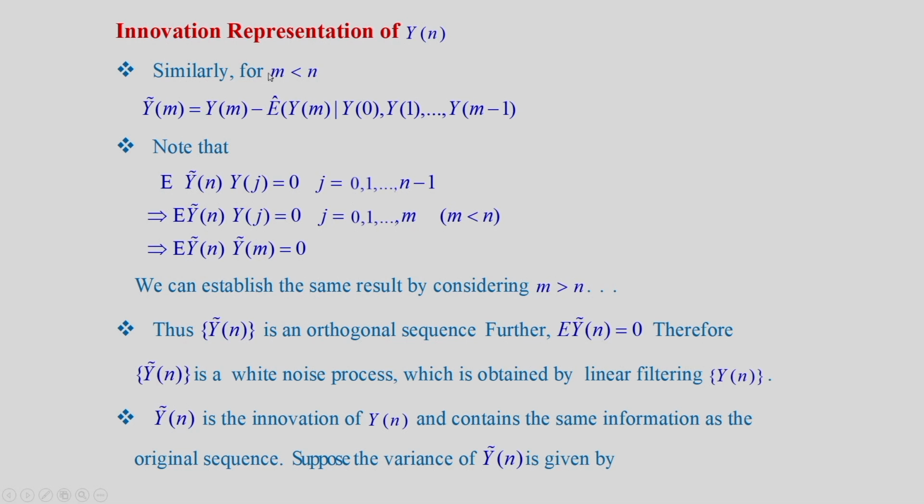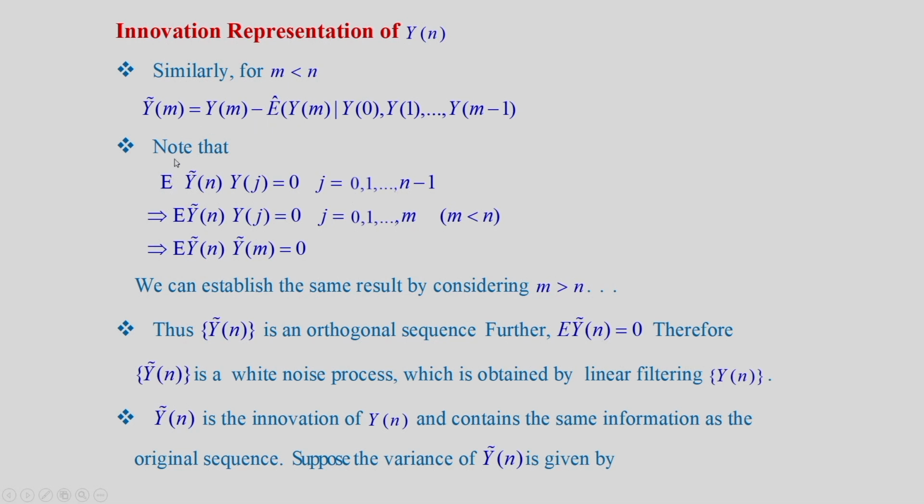Similarly, for any m less than n, we can consider y tilde m equal to ym minus E hat of ym given y0, y1 up to ym minus 1. So, this is the mth order predictor error.